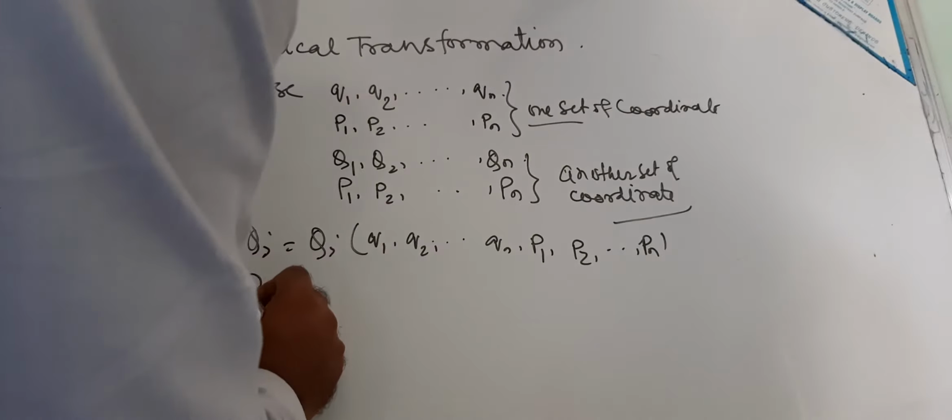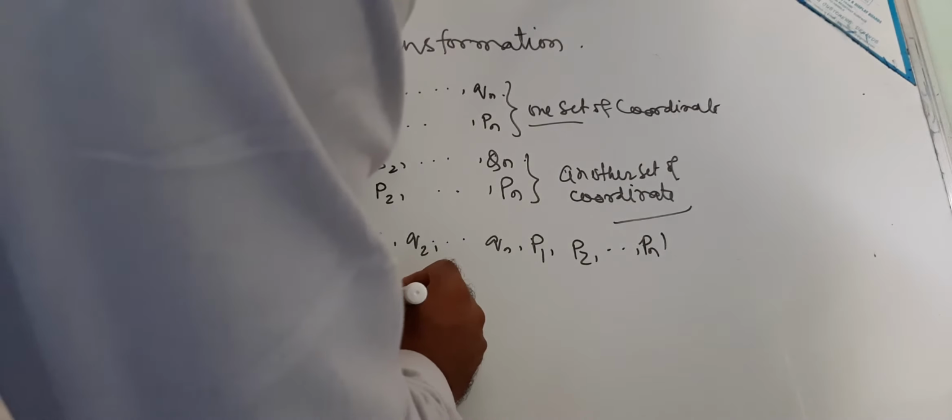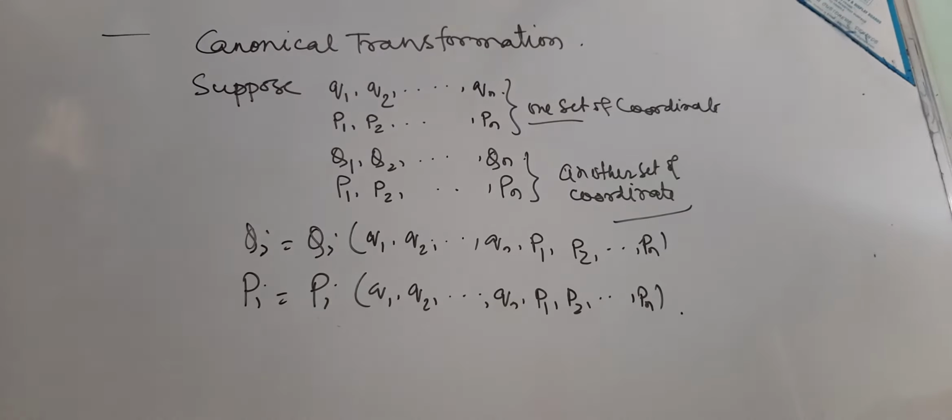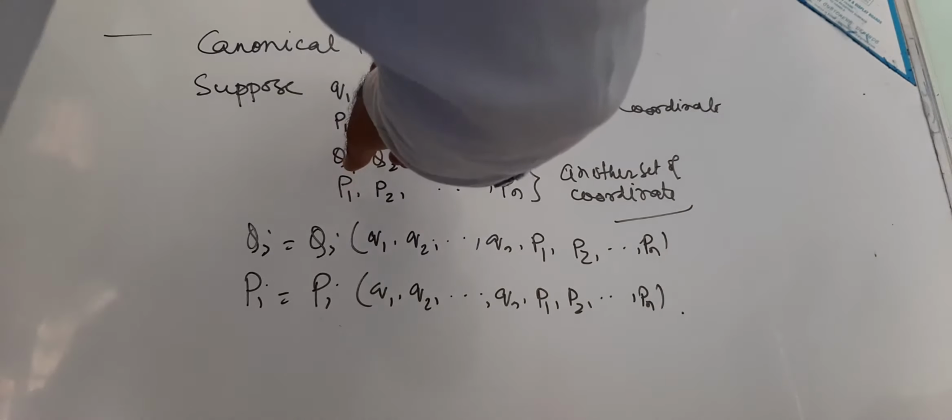Similarly, Pi equal to Pi of q1, q2 up to qn, and p1, p2 up to pn. This is the transformation from the old to the new.